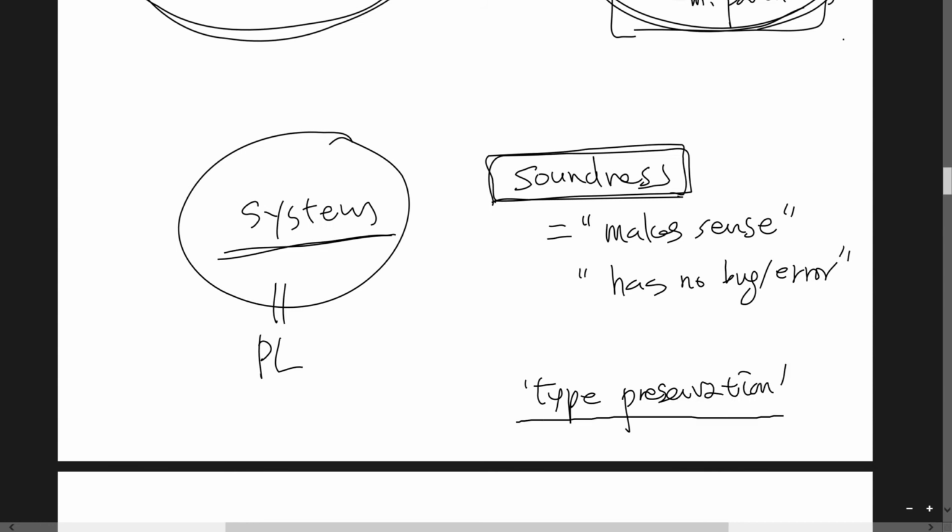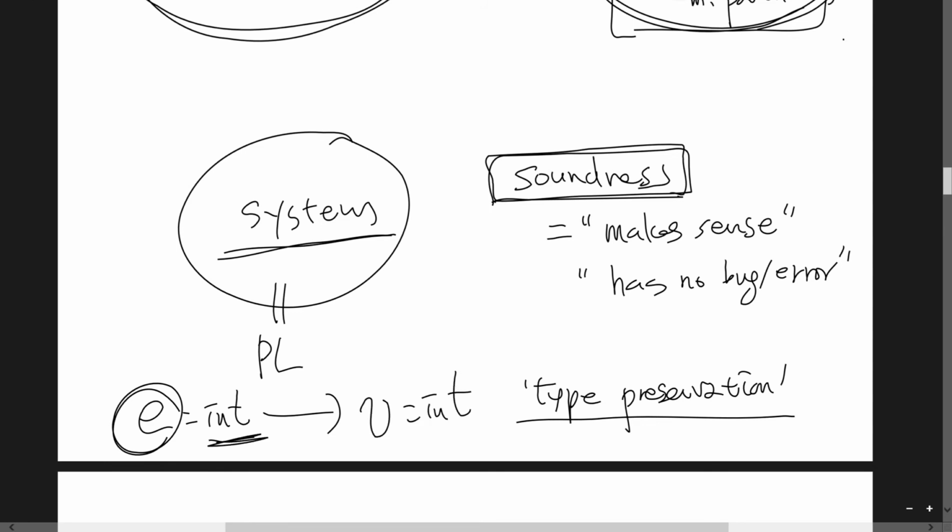What this property means is that if you start with an expression of a type, say int, then after running this program, after evaluating this expression, you should end up with a value of the same type. So the type is preserved after this evaluation.